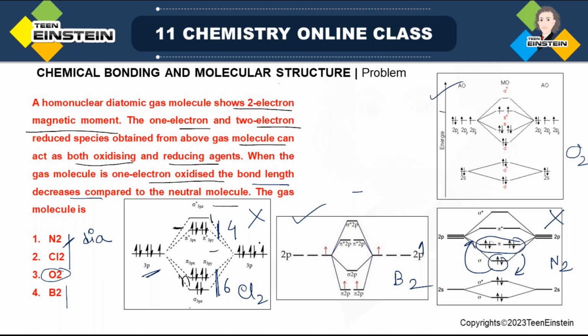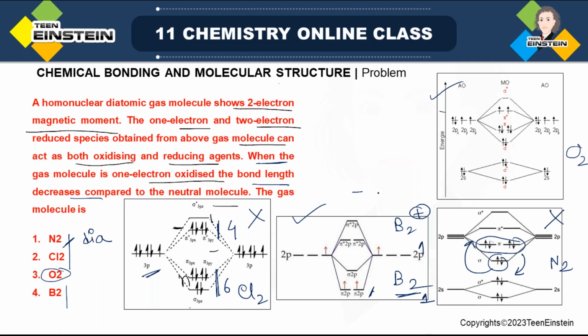Now the second information. Rather than checking whether it is oxidizing or reducing, the third information you can easily check, because you just have to remove 1 electron. So when you remove 1 electron from B2, you now have B2 plus. Originally for B2 the bond order is 1, isn't it? Because it is (2 minus 0) by 2.